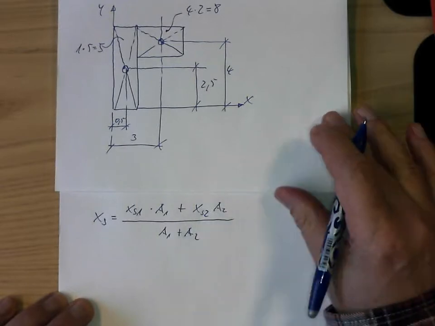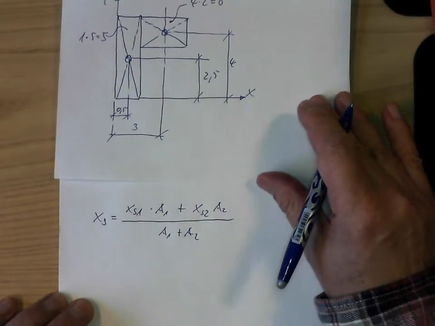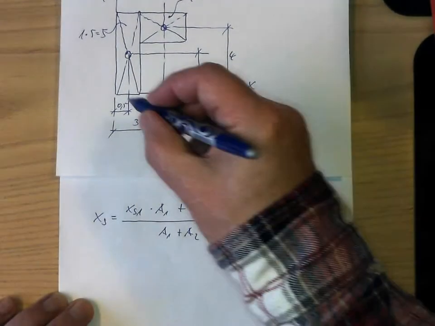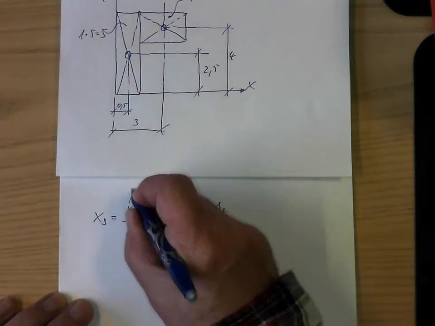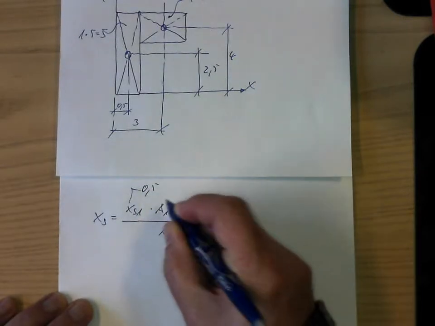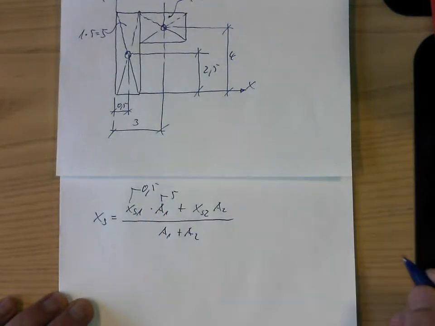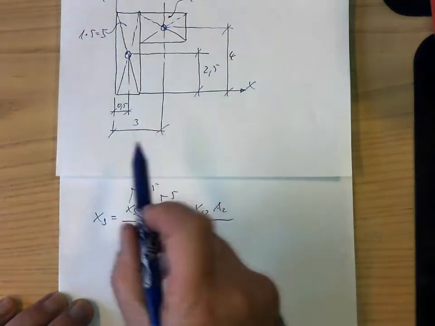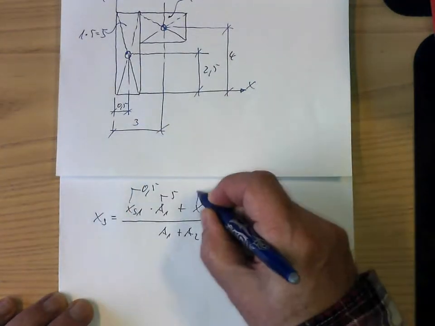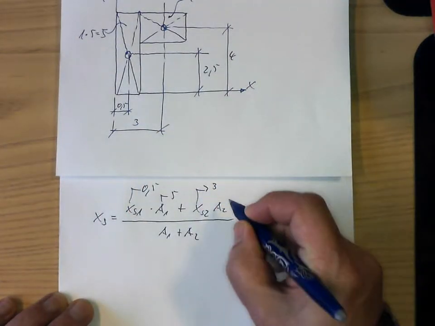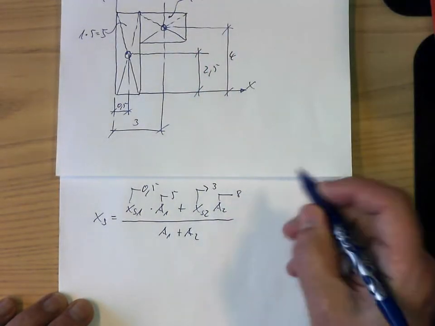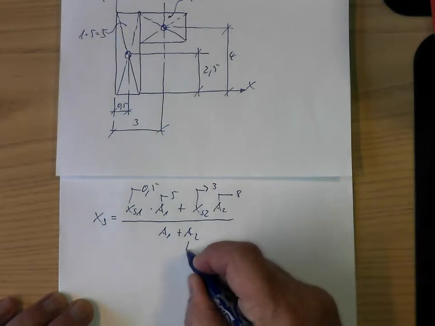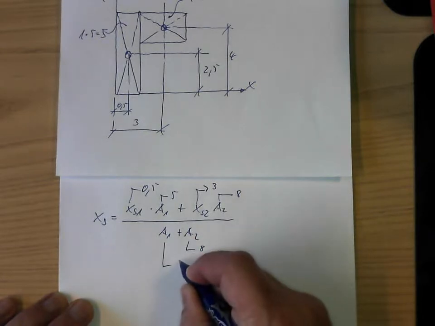And then I have to identify what it means. This xs1 is the first coordinate of the first center of gravity. That means this is 0.5. a1 is the area, 5 square units. xs2 is the second coordinate, from here to here 3. And a2 is this area, 4 times 2 is 8. And here we have this 8 and this 5 again.